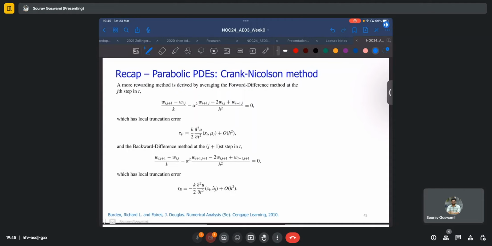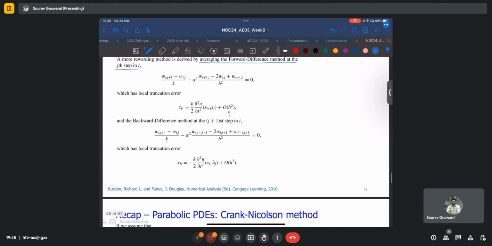And here what we do is the forward difference formulation is averaged at the jth time step. And this will have the local truncation error of the order h square. The backward difference method is also averaged at the j plus 1th time step.